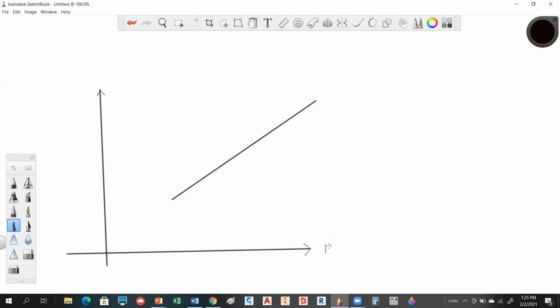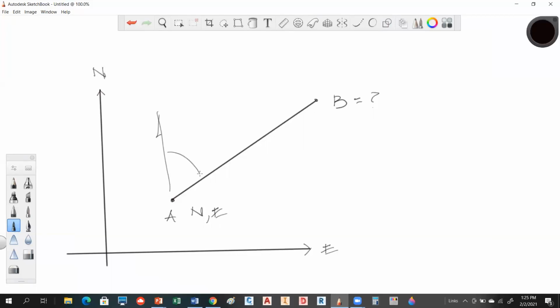Okay, so this is my easting direction. This is my northing. What we're saying with a direct routine is we have, let's say, a point A here, and we have a point B, but we don't know its coordinates. We do have a good northing and easting for A. We know that.